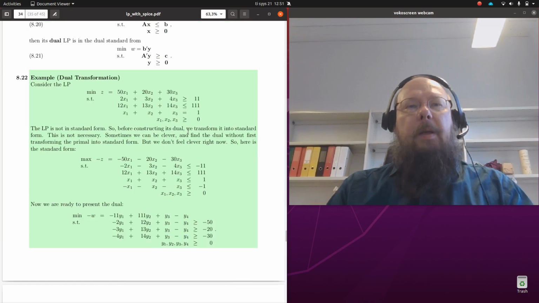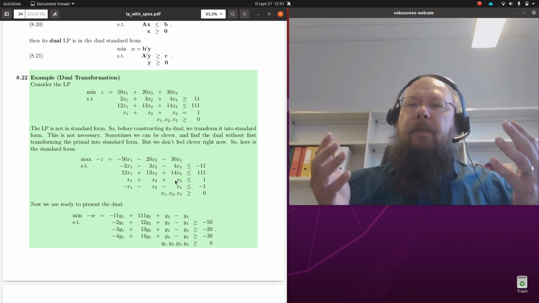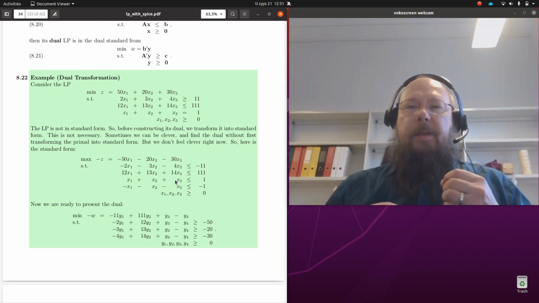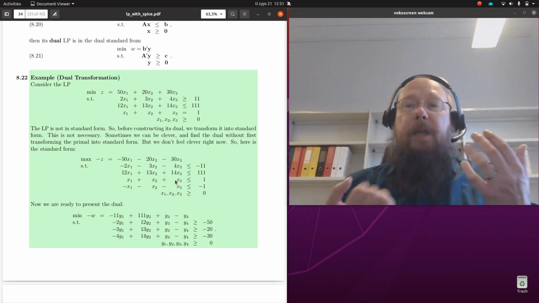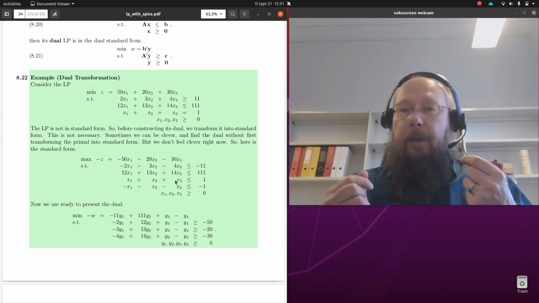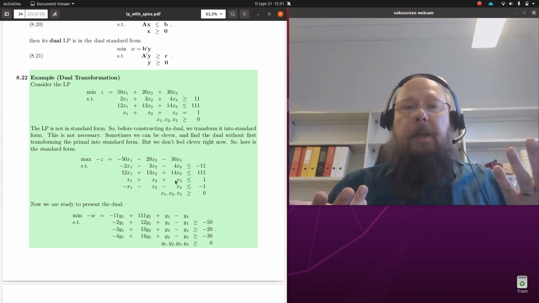This LP here is the same as this LP, because this is just this in a primal standard form. So when we look at different equivalent forms, we are not changing the LP. The LP is the same, meaning that its solution is the same. It describes the same problem. Maybe it's just written in a different way, but the problem is the same, and the solution is obviously the same.